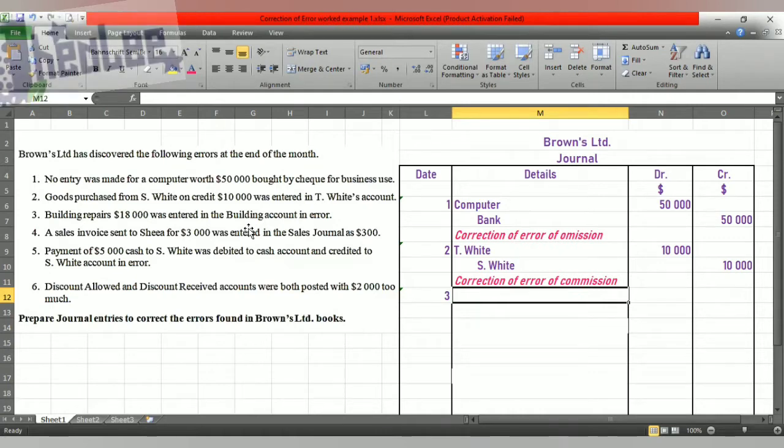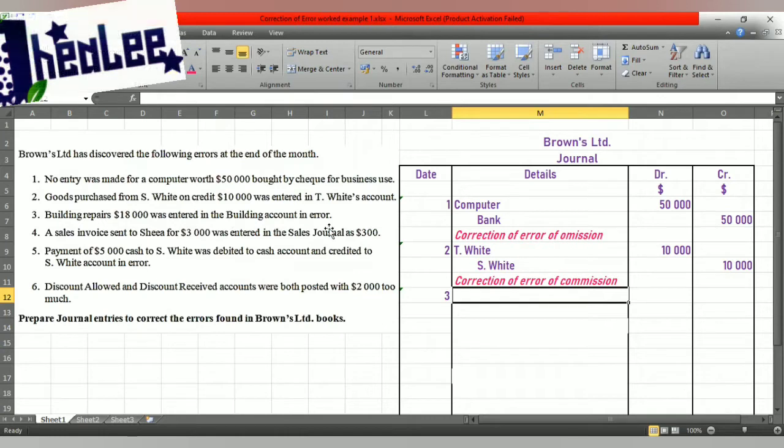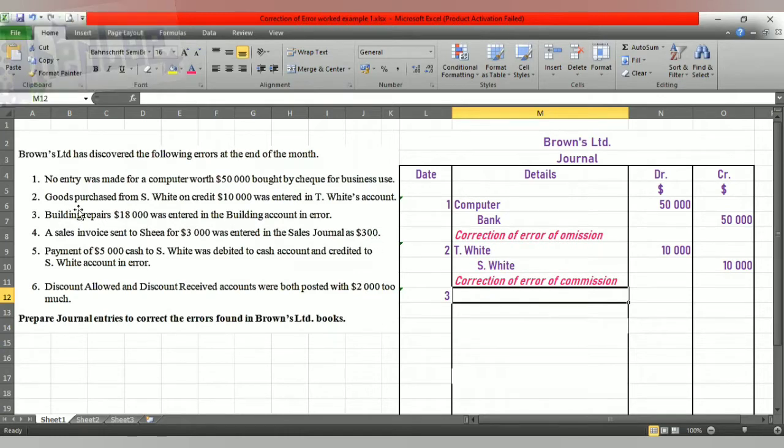How do we go about correcting this? All we have to do is to get rid of the entry that was placed in the building account and put the correct entry in the building repairs account. Based on the entry that was made, building account was debited in error, so we'll have to credit that. The building repairs, because we have done repairs to the building, that would have been an increase in the expense of building repairs.